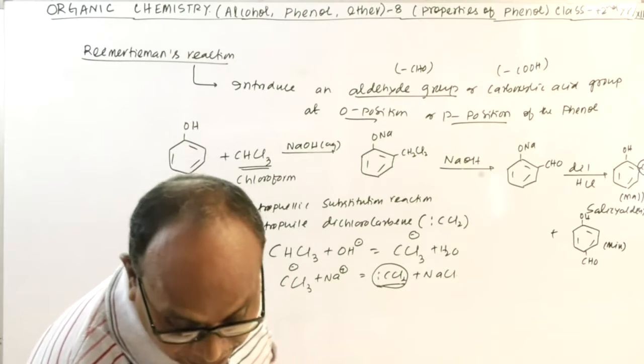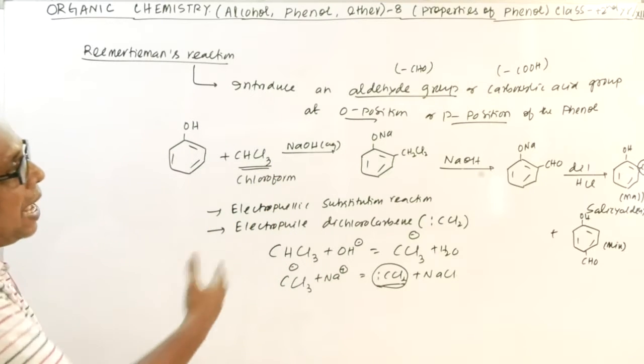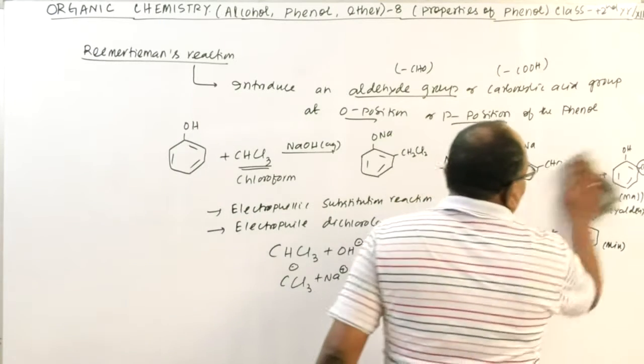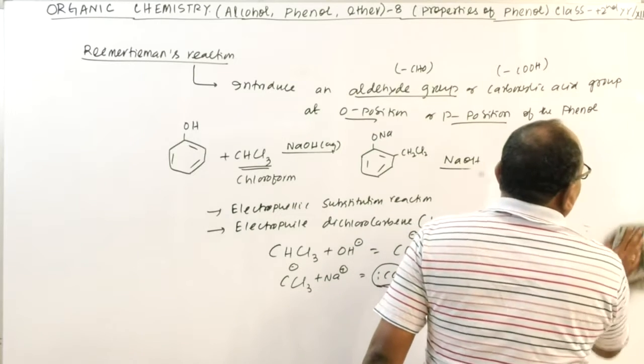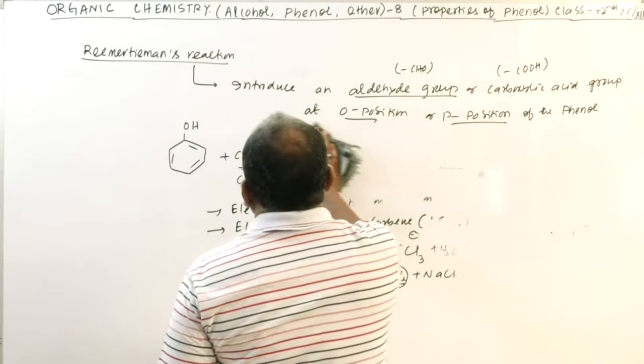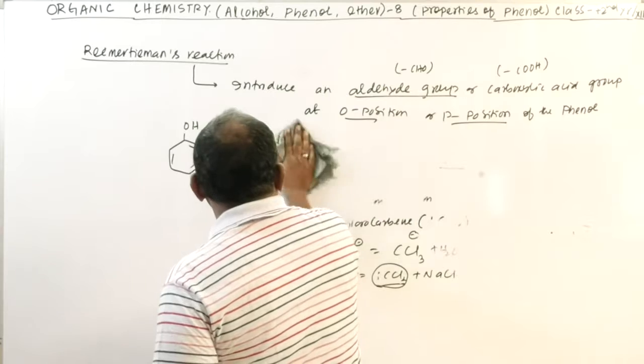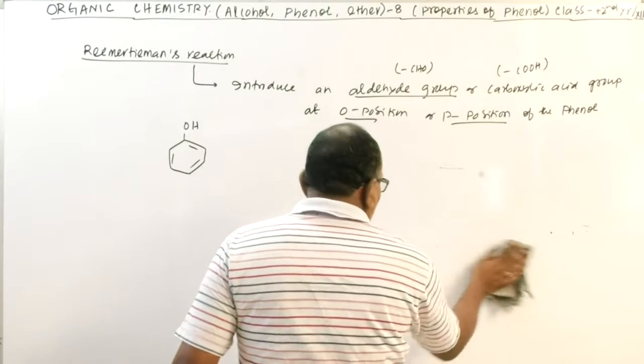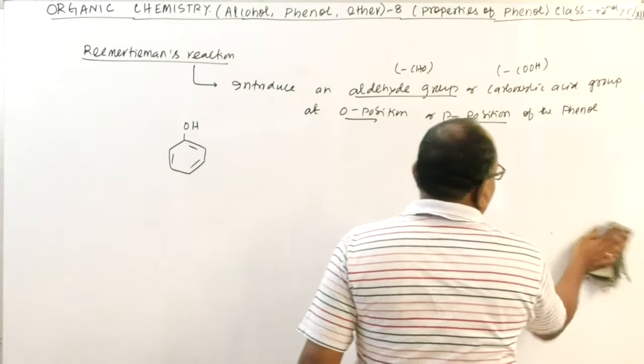Okay, next comes how the carboxylic acid group is introduced. In the same way, suppose you change the reagent, the carboxylic acid group is also introduced. At what position?